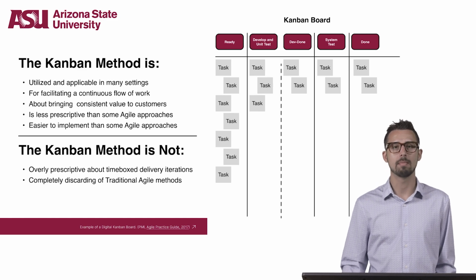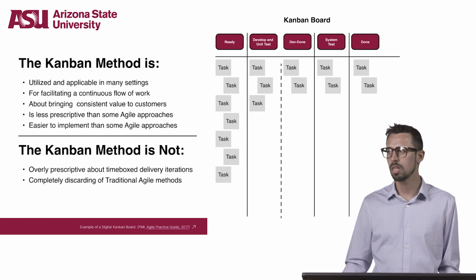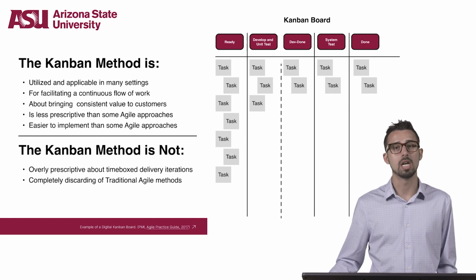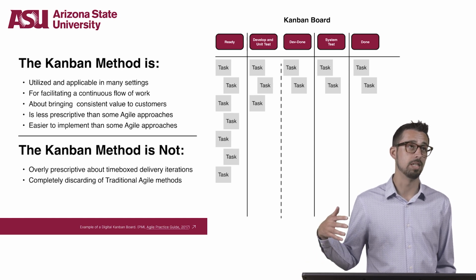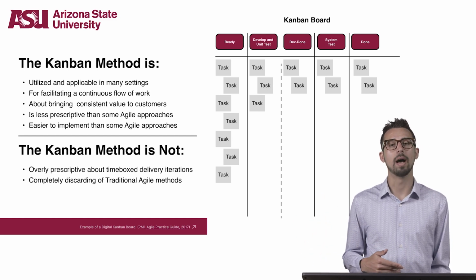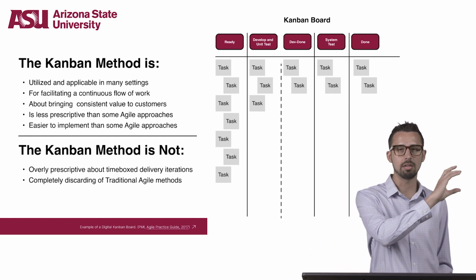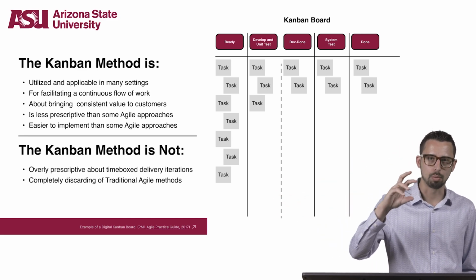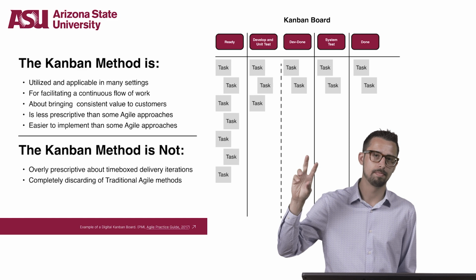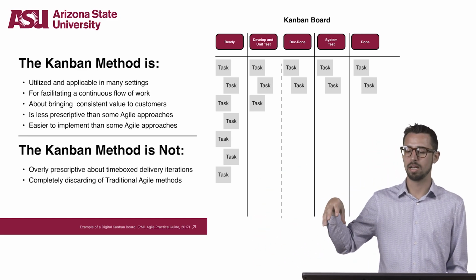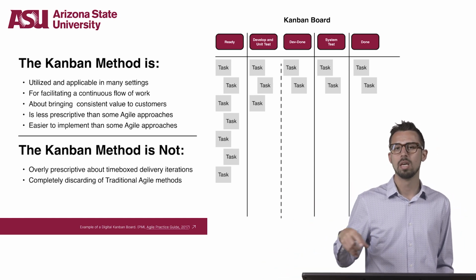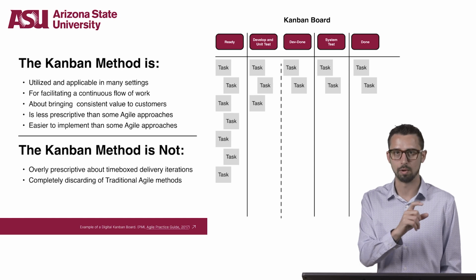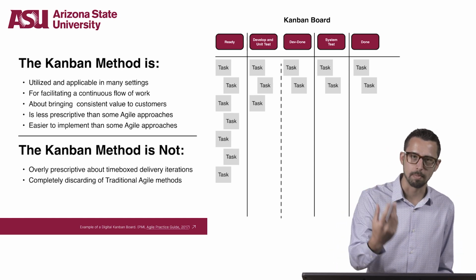But unlike most Agile approaches, the Kanban method does not prescribe the use of time-boxed iterations. Iterations can be used within the Kanban method if the team would like to use them, but the principle of pulling single items through the process continuously, and maybe even in some cases limiting the amount of work that can be in any given column, like for example, limiting the amount of work in progress, helps optimize the flow.